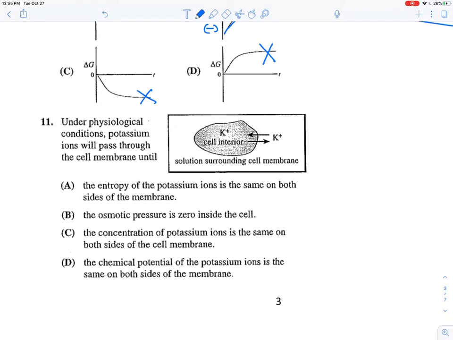Number 11: under physiological conditions, potassium ions will pass through the cell membrane until they essentially reach equilibrium, right?